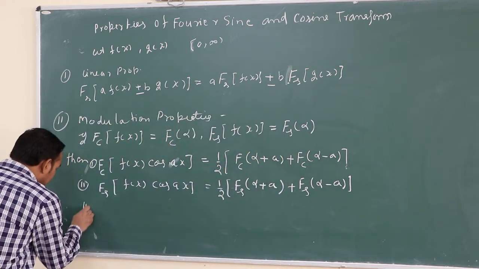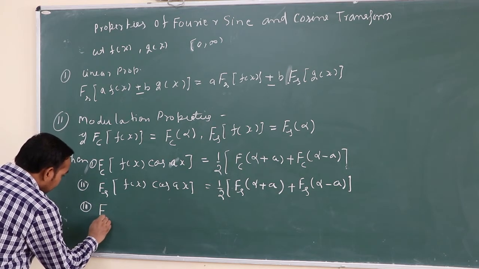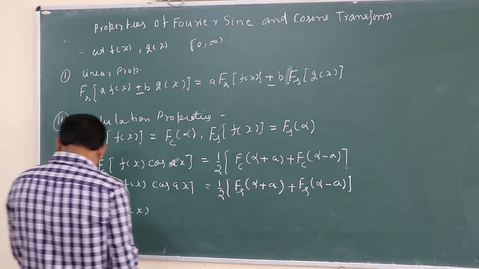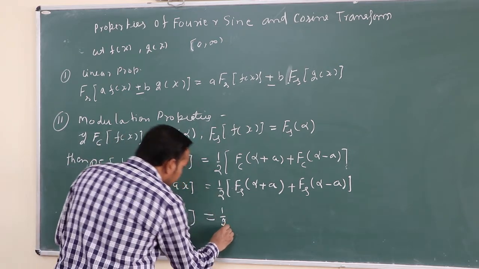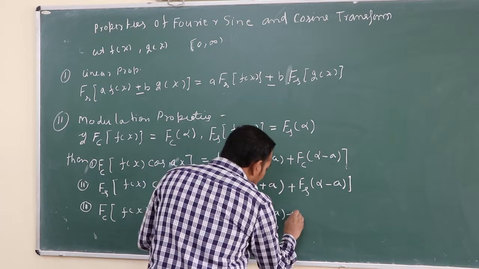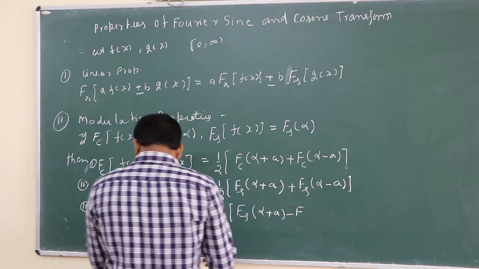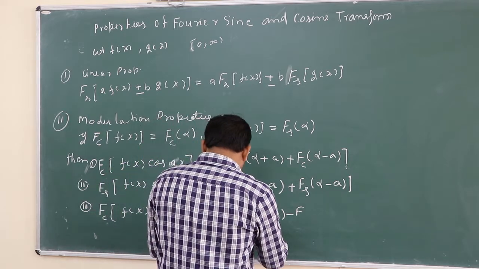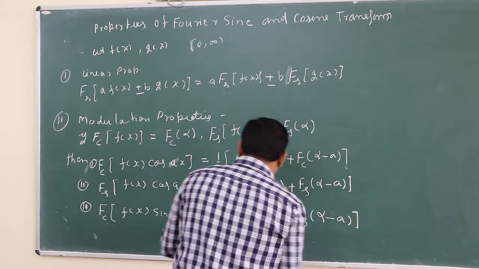And the third modulation property: the Fourier cosine transform of f of x sine ax is equal to half of Fs alpha plus a minus Fs alpha minus a.